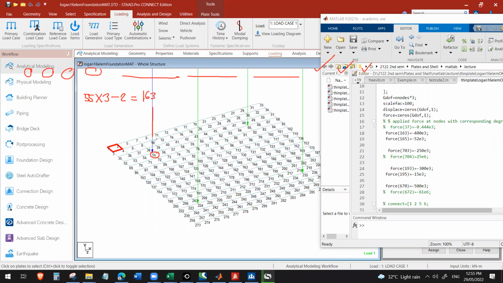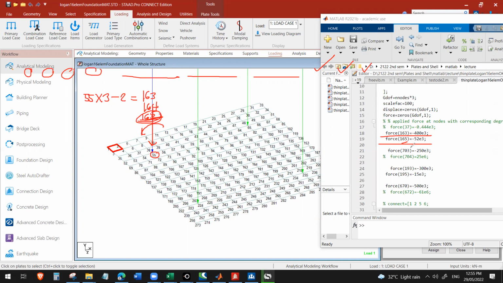So this 400 kilonewton is applied at DOF 163. Okay? Then remember may moment tayo dito na 52 kilonewton meter. So force at DOF 165 siya. Remember yung numbering natin ng DOF per node 163, 164, 165. Okay? So yung moment about Z is the last DOF.